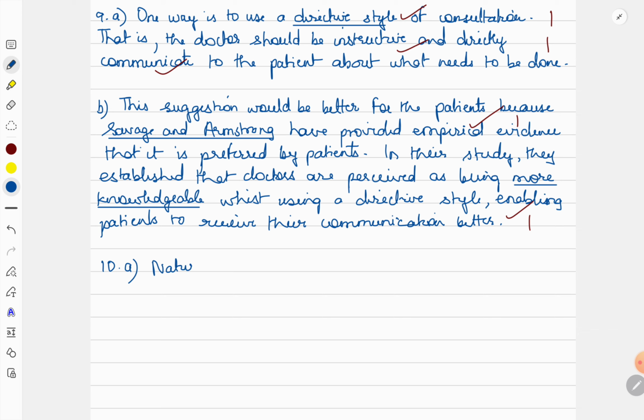So nature is an explanation of behavior that attributes it to genes inherited by an individual.